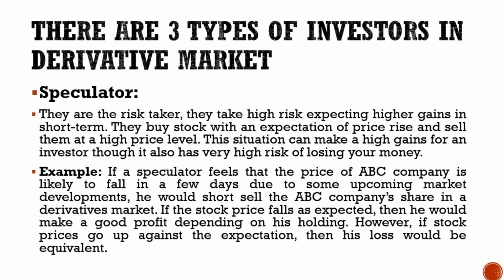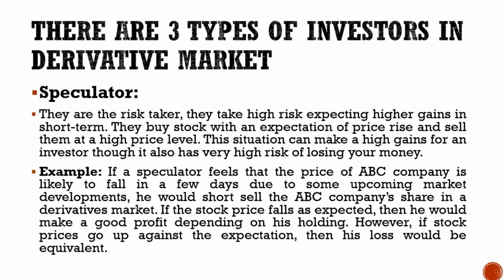This situation can make high gains for an investor, though it also has a very high risk of losing your money. If your assumption is not correct, if it goes the vice versa of what you're thinking, then you can go into heavy losses. For example, if a speculator feels that the price of ABC company is likely to fall in a few days due to some upcoming market developments, he would short sell the ABC company share in the derivative market.